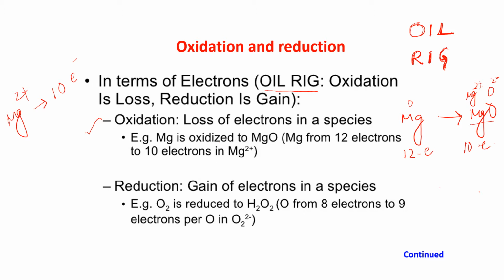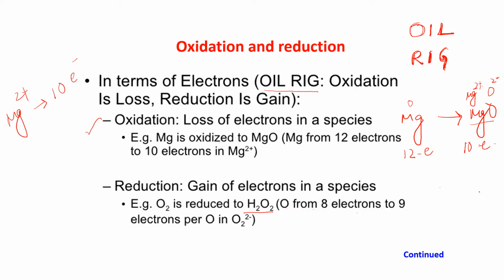Now reduction is gain of electron, that you know. O2 is reduced to H2O2. Now O goes from 8 electrons, I'm talking about only one oxygen, to 9 electrons. In H2O2, the electron count of O is 9 because one oxygen is with one hydrogen. So it is reaching from 8 electrons to 9 electrons.